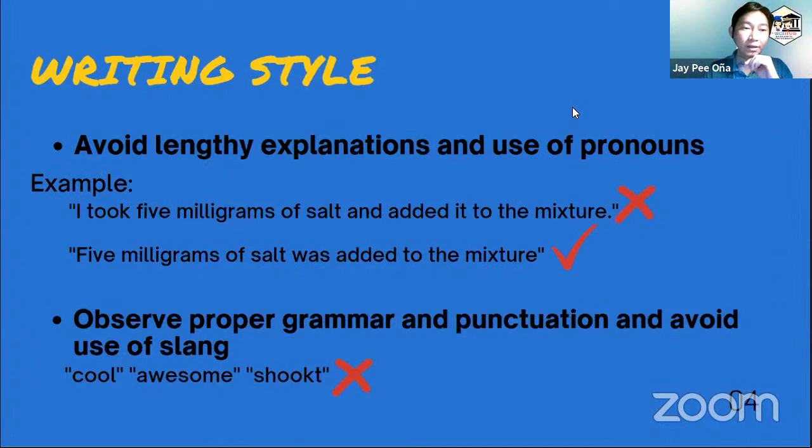So let's just say "5 milligrams of salt was added to the mixture," so that it's more concise, shorter, at tinanggal po natin yung pronoun, which is I, without losing the essence of the statement. So nandun pa rin yon, 5 milligrams of salt was added to the mixture.